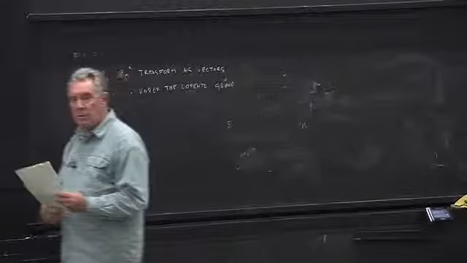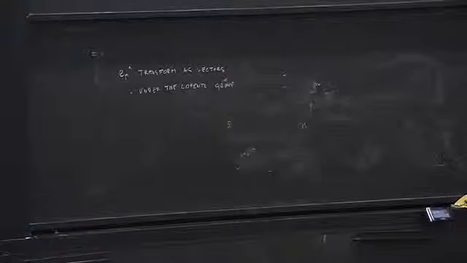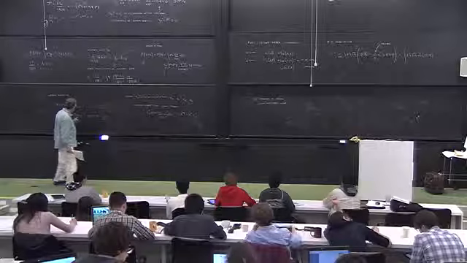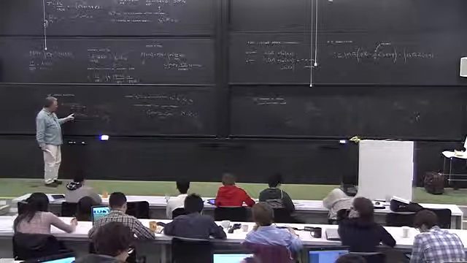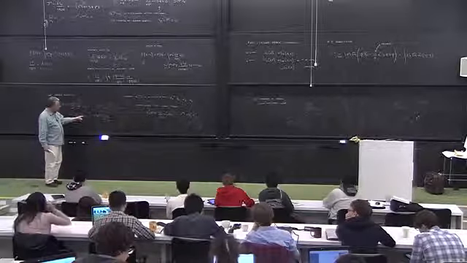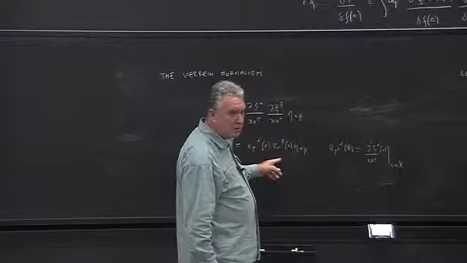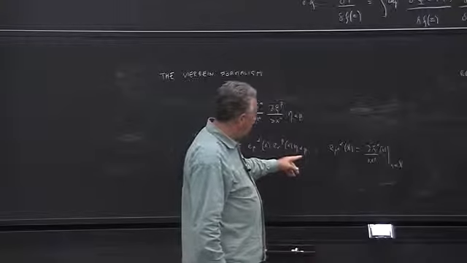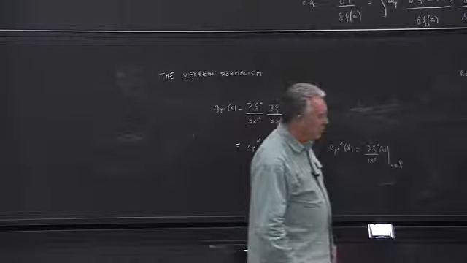Eta mu nu, you remember, is what's left invariant by Lorentz transformations. So I can make a Lorentz transformation on the index alpha and another one on the index beta. And this won't change, because eta alpha beta is the invariant tensor for the Lorentz transformation.